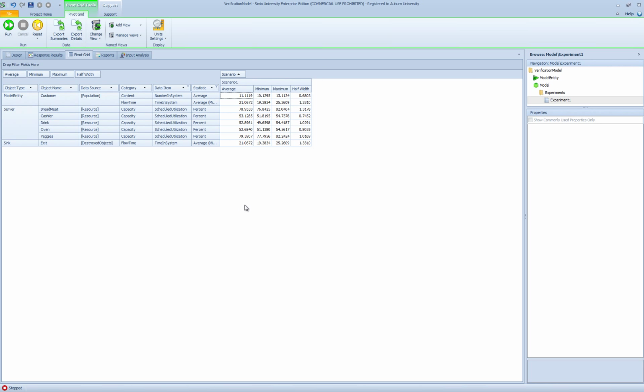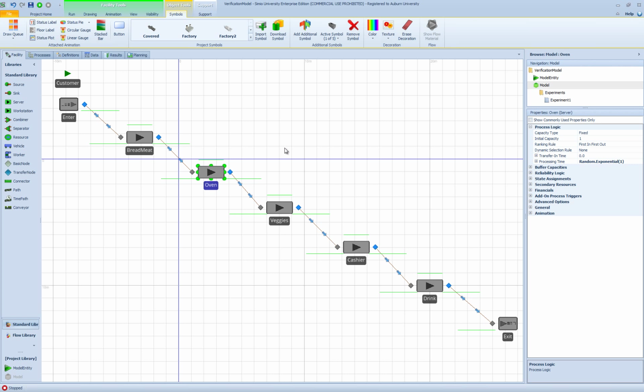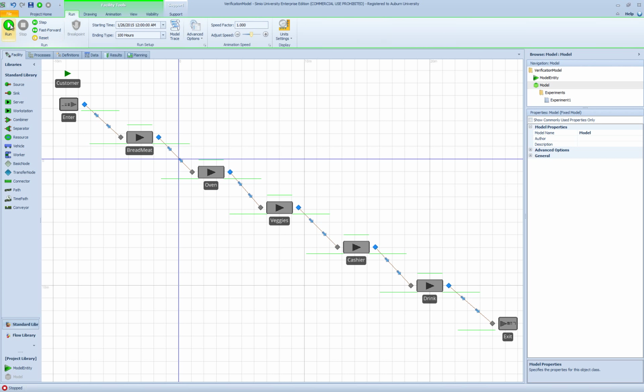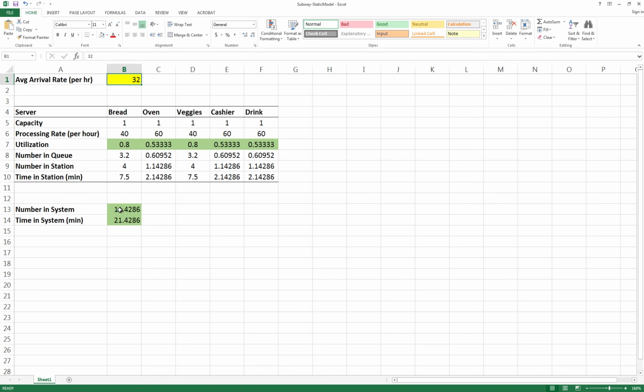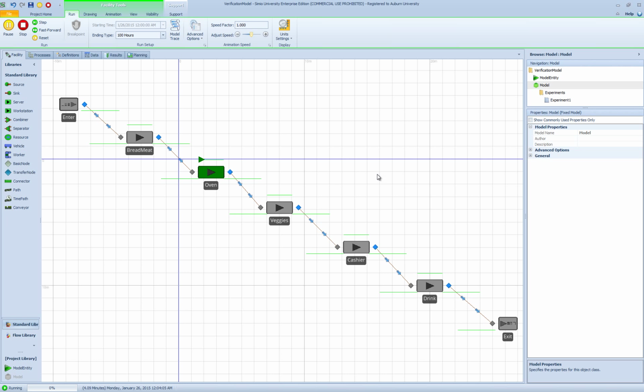And that's mainly due to the fact that when we start our model, we have an empty system. So we start with 0 number in system, while at steady state, we expect to see 11.42 entities in the system. And also, for the first few entities, since we start with an empty system, we don't really expect them to wait in any lines in order to get processed.